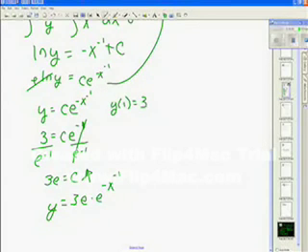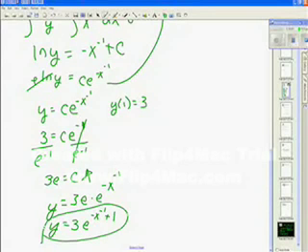And we can simplify that further, right? y equals 3e to negative x to the negative 1 plus 1. And what kind of solution is that? It's not general, it's particular. Good.